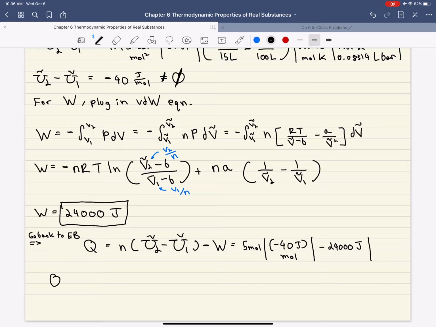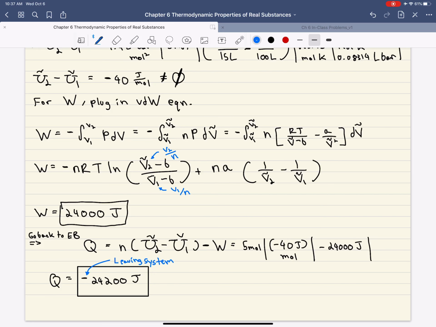And what we find is that Q is then equal to negative 24,200 joules. And it's good that it's negative, because that means that this heat is leaving the system, which matches what we would expect based on what we've seen before.